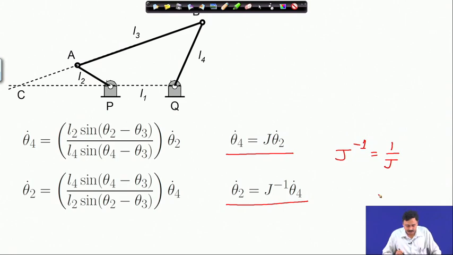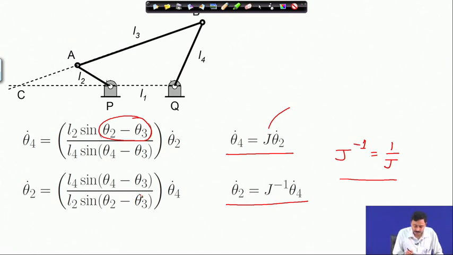Now, this brings in some issues, as you can very well realize, that for certain relations of theta 2 and theta 3, the sine of theta 2 minus theta 3 can go to 0. If it goes to 0, then I cannot invert the Jacobian, because the Jacobian has gone to 0, and I cannot find 1 by 0. It can also happen the other way.